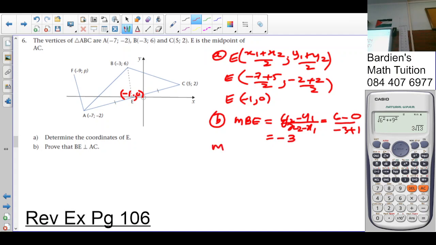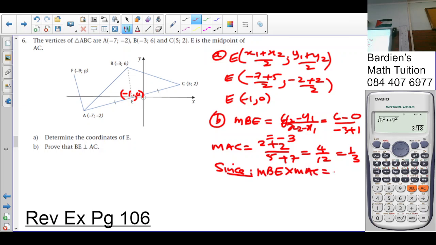The gradient of AC is again y2 minus y1, so it's 2 minus -2 over 5 minus -7. So it will be 4 over 12, which is a third. So since the gradient of BE times the gradient of AC is equal to -3 times a third, which is equal to -1, therefore BE is perpendicular to AC.